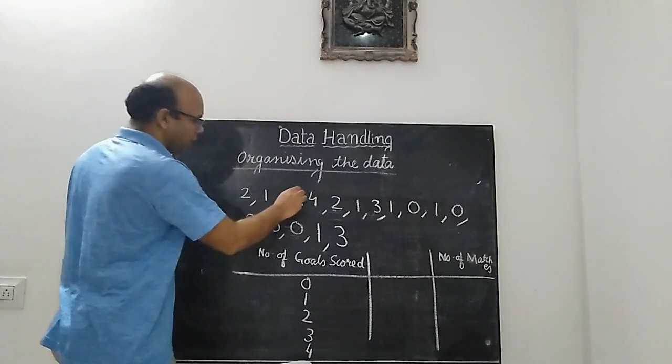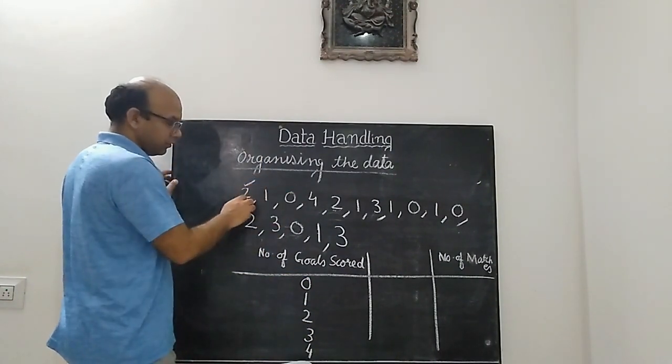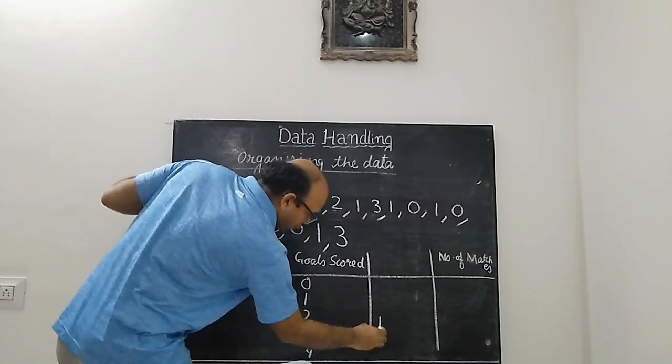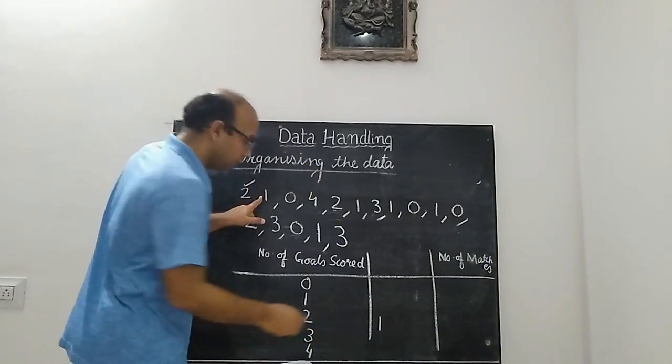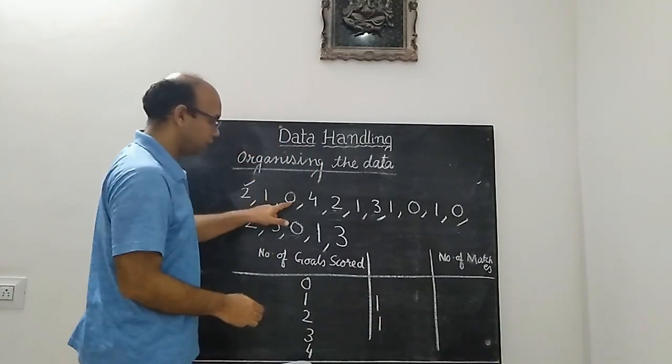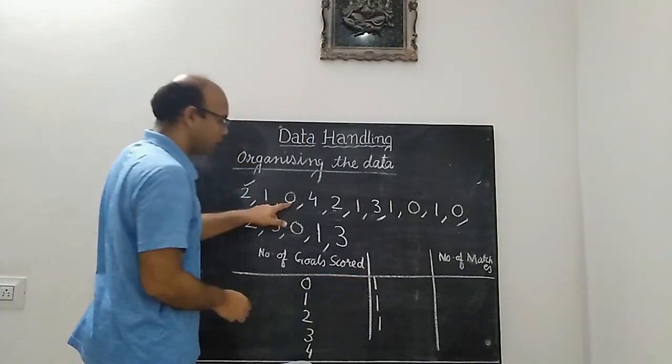We start with the first entry, 2, and put a corresponding tally mark in front of 2. If it is 1, we write a tally mark for 1. If it is 0, we put a tally mark for 0.